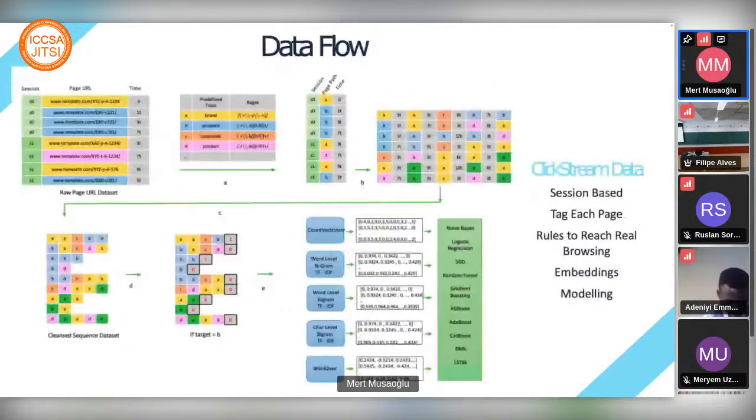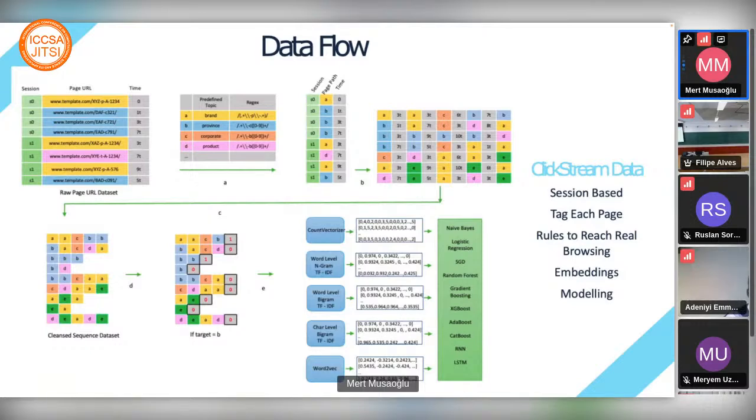So let's dig in. This is our data flow diagram. As I mentioned, we create our datasets for our machine learning and deep learning algorithms, then create our targets. After that, we use 8 different machine learning and 2 different deep learning models to predict the next step.